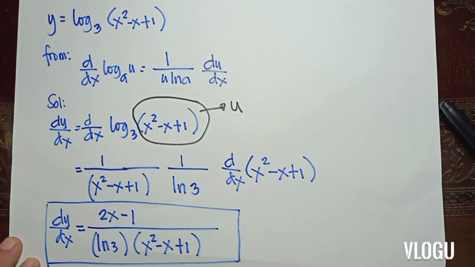So our final answer, dy/dx, is equal to 2x minus 1 over ln of 3 times x squared minus x plus 1.